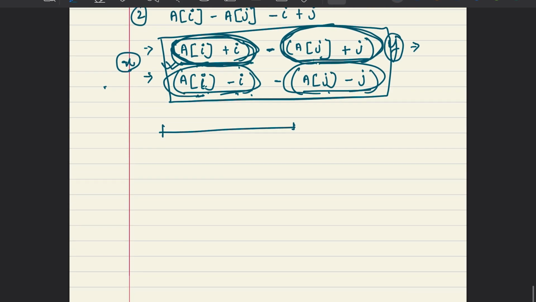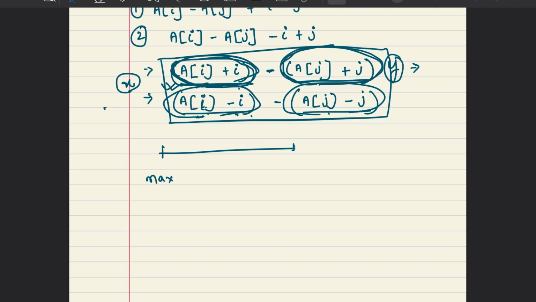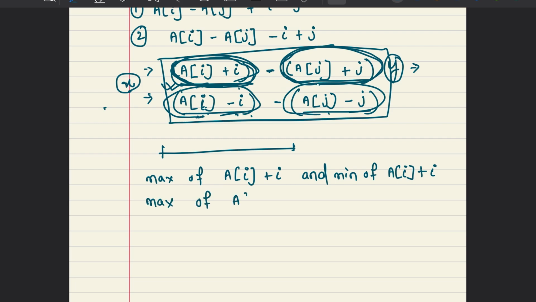We have to find max of a[i] plus i and min of a[i] plus i. Then we have to find max of a[i] minus i and min of a[i] minus i.